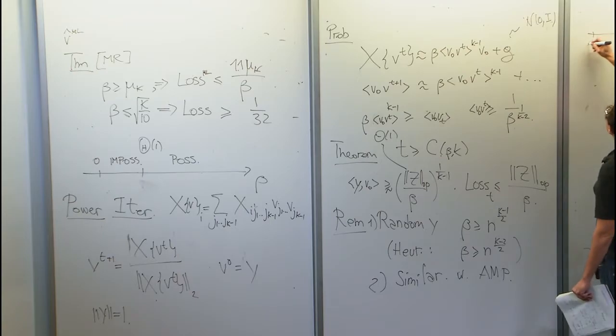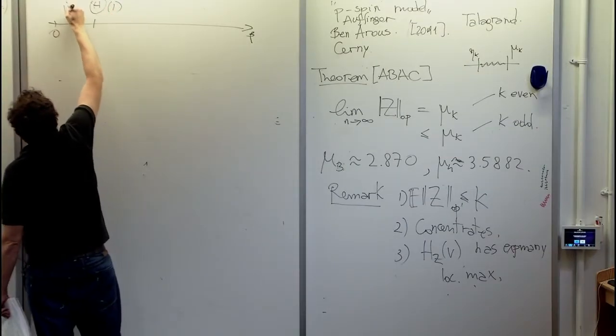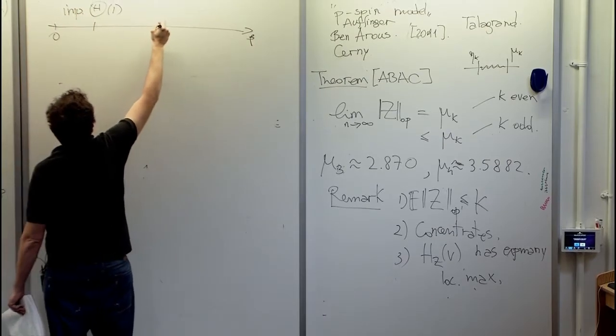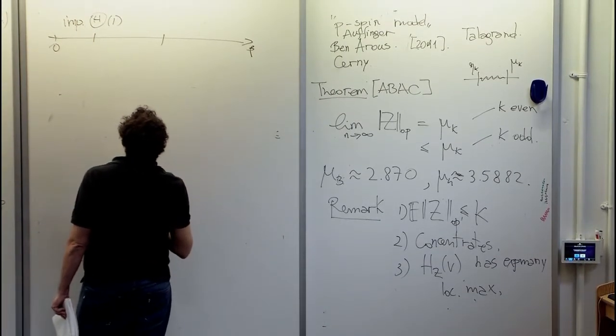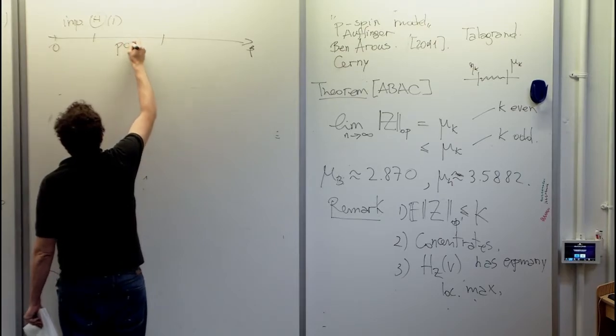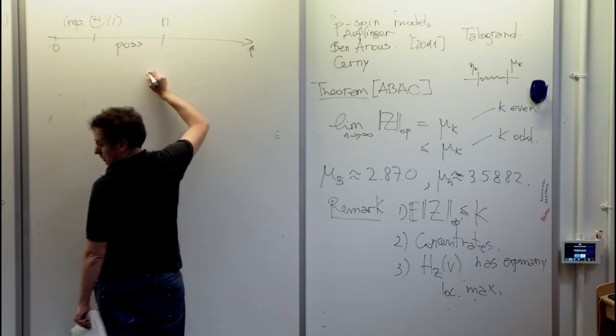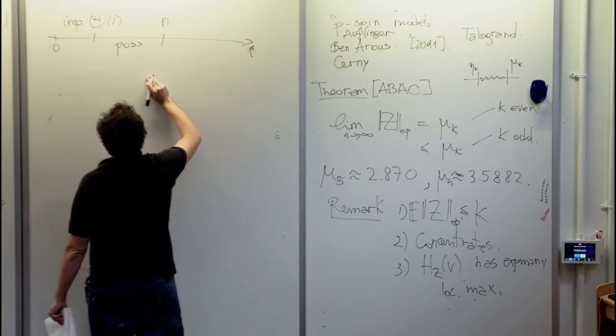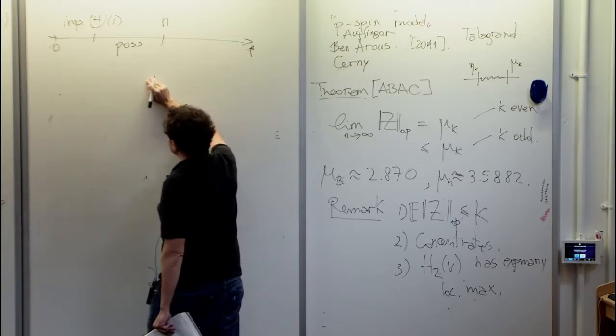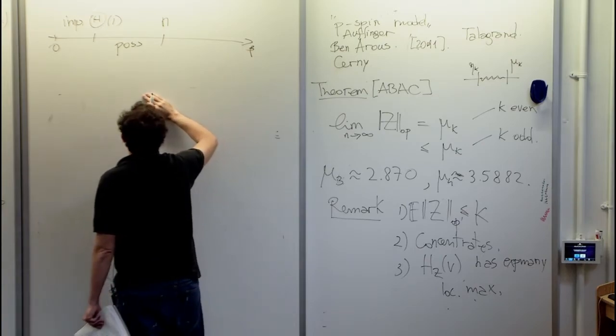Excellent point. Now the picture is the following. There is theta 1 here. Here it's just impossible statistically. Here it is possible, but we don't know how. And then there is here, let me write here the heuristic threshold that doesn't change much the story.